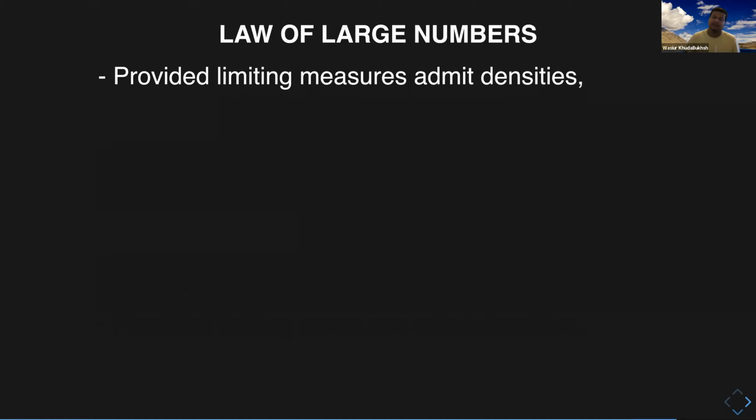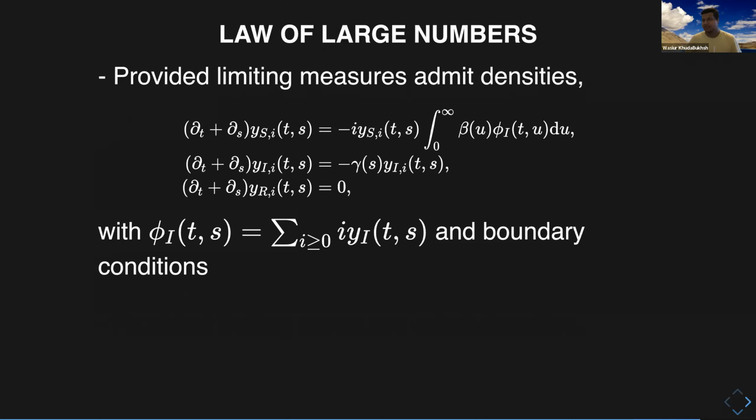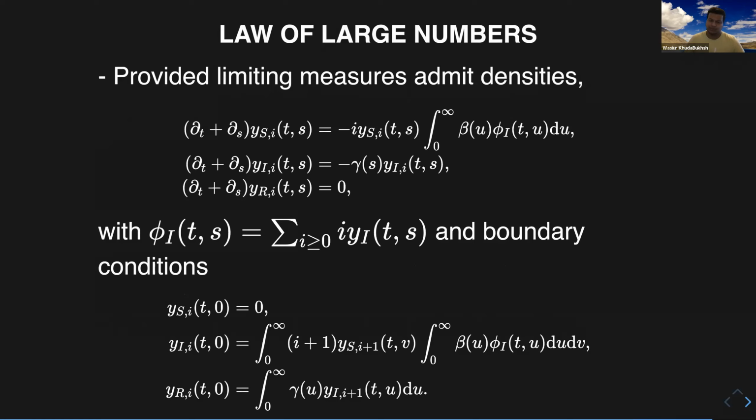And provided this limiting system admits densities, we can write partial differential equations to describe the densities. We don't need to go into the details of these equations and how we prove the convergence, but the bottom line is we can write down deterministic equations. You might have noticed that all these equations have i as a subscript, which is the free degree.